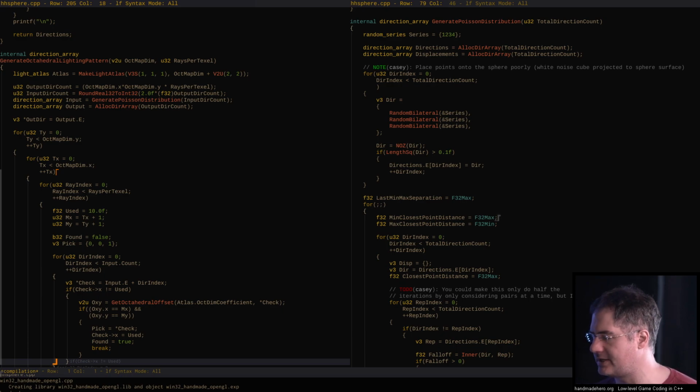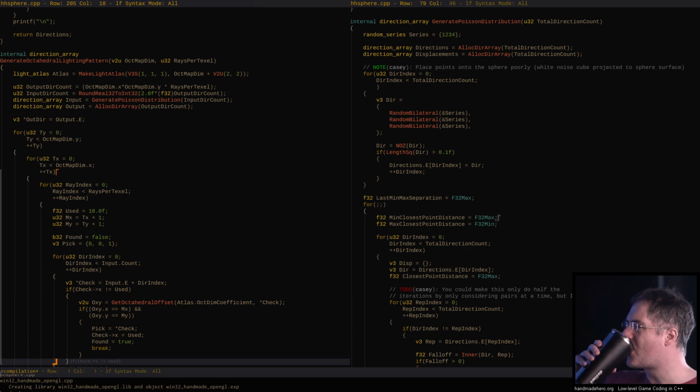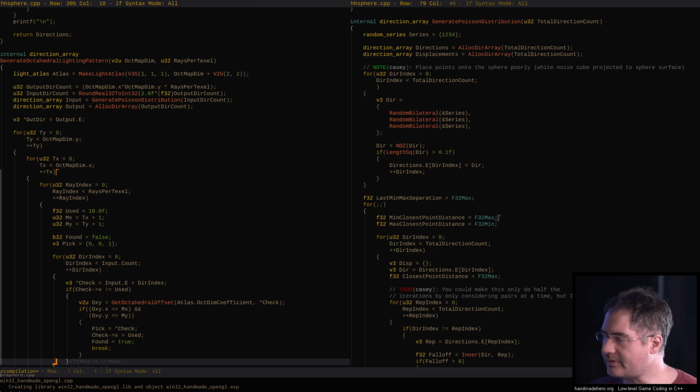The other is we debug the picking because it must be broken. Unless somehow generating twice as many points in the sphere still somehow doesn't have enough on each octahedral point, which doesn't seem to make sense to me.